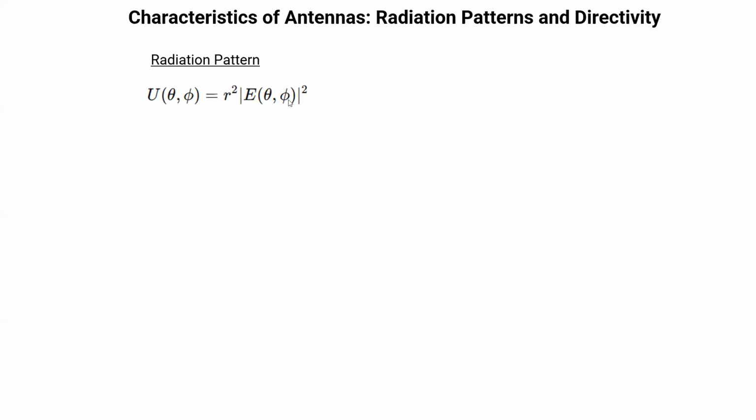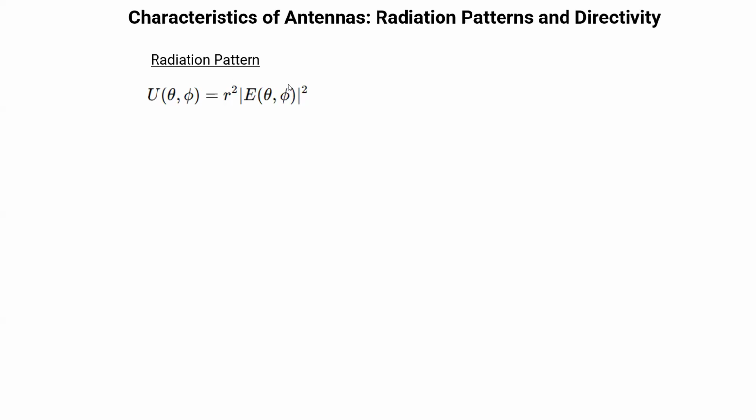Like the radiation pattern, which we define as the electric field squared multiplied by r squared. So you remember that in the far field, in the radiation field zone, the electric field is inversely proportional to the distance, to r.